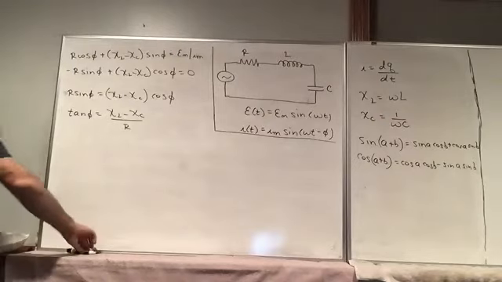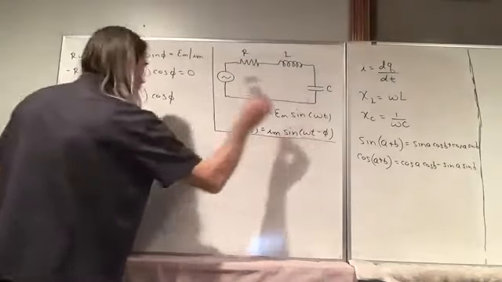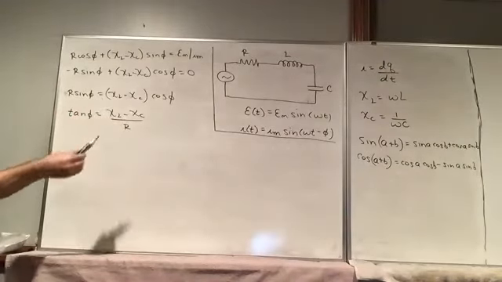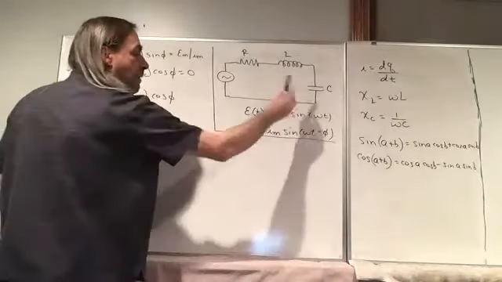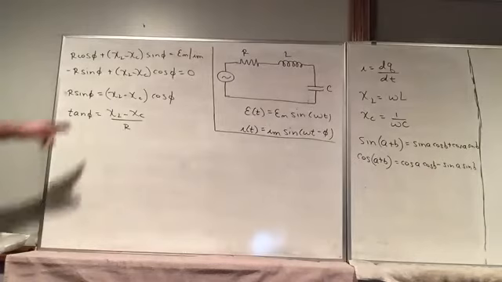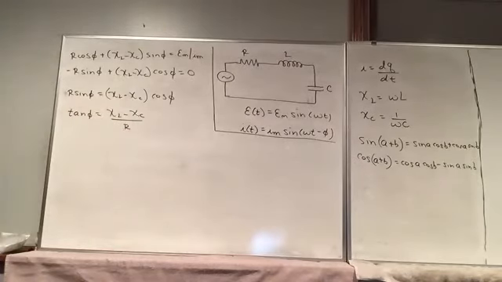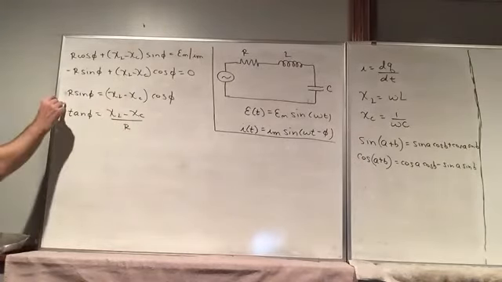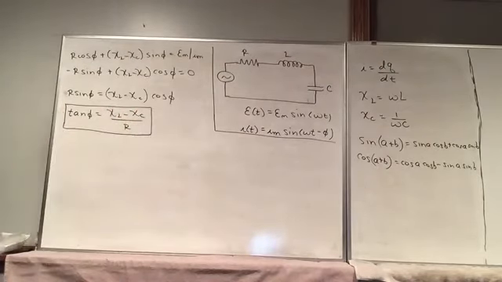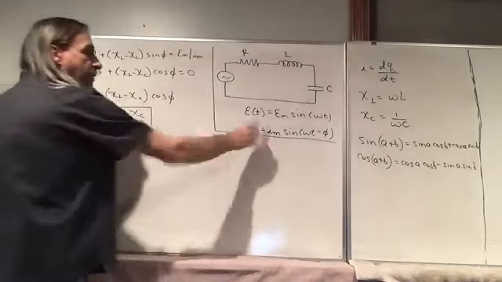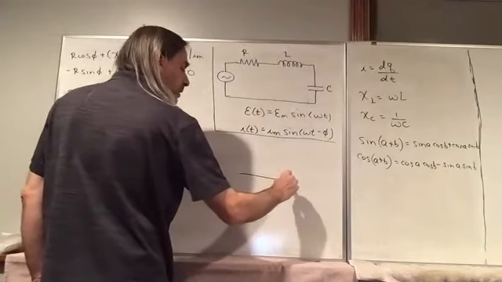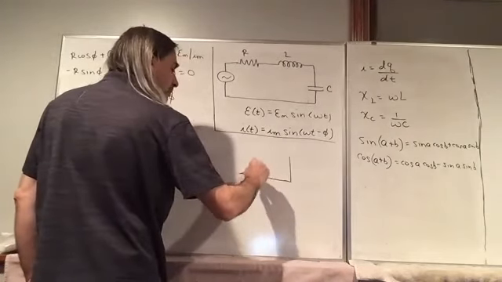And so again, we wanted phi, so we've got that because if we know the angular frequency of the power source and we're given these circuit elements, then we can calculate all of these, and tangent of phi is a number. And we can just take the inverse tangent. So we're done with that. So now we have to find the peak current. And what I'm going to do is draw a triangle.